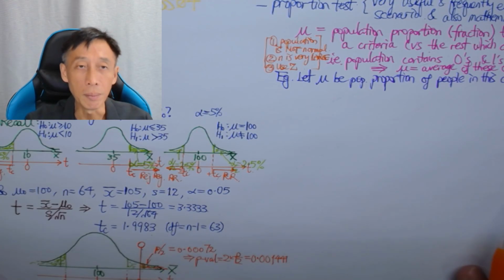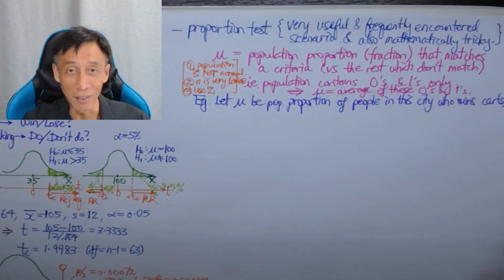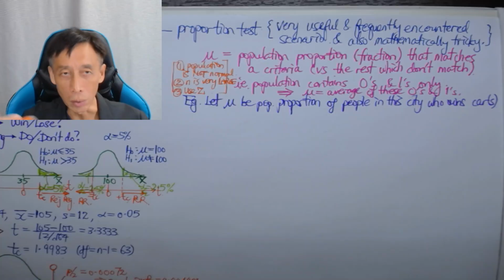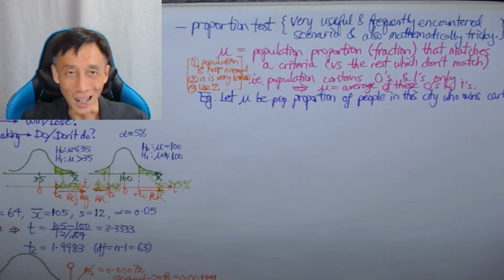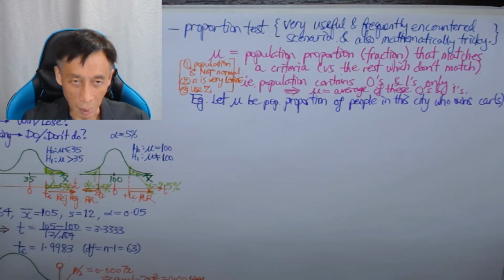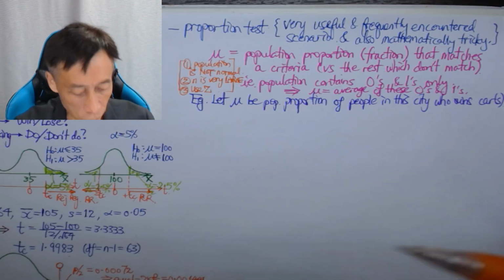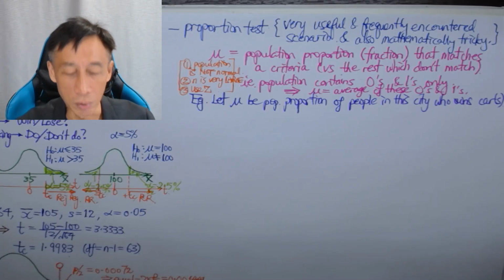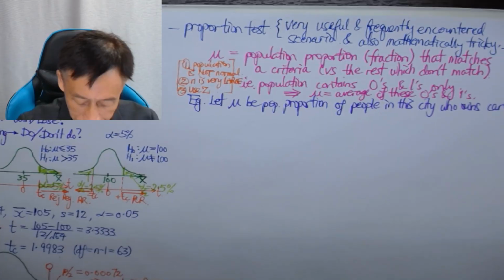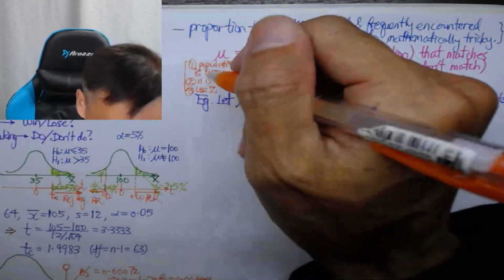But our n is so large, in the hundreds or thousands, that all the numbers you get for t critical, for p-value, for whatever, will be very, very close to the numbers you get if you just use Z. So we will just use Z. That's the reason why. Okay, but that's not the tricky part.